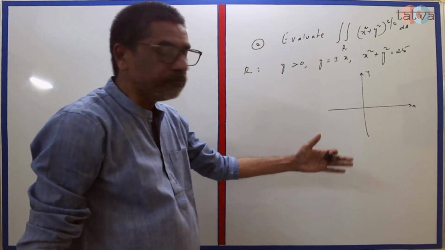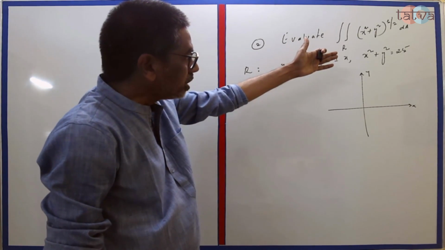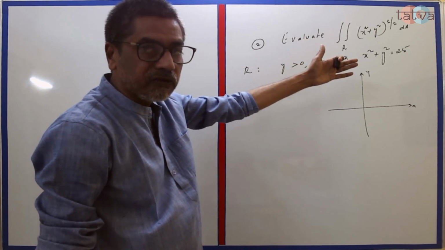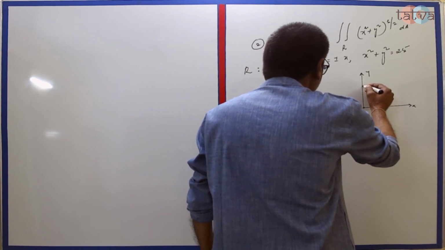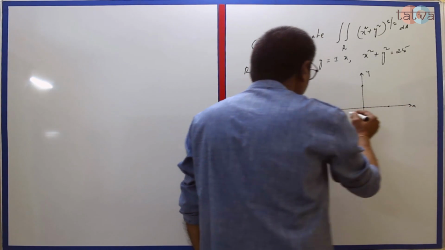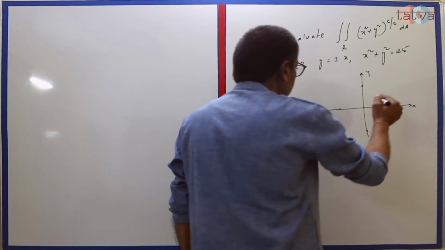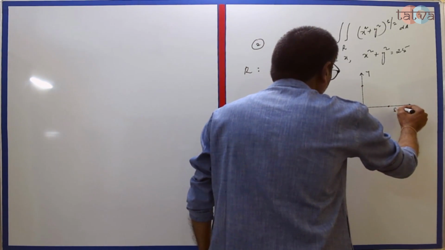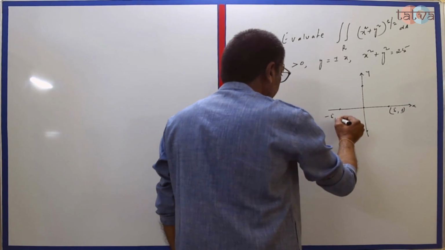First fix your frame and then you draw a circle whose center is at the origin and the radius is 5 units. So mark the 4 important points. The radius is 5 units.